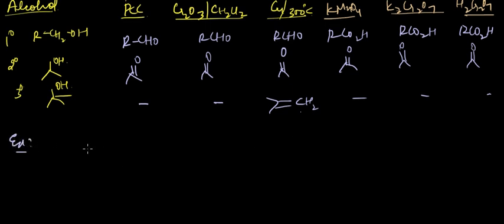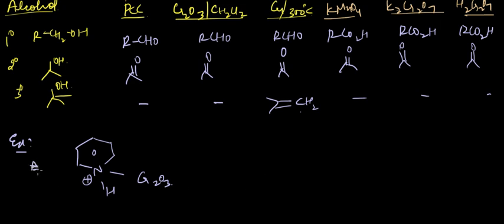Okay, now let's see some examples. We have something like this, N plus HN, and Cr2O3 attached here.